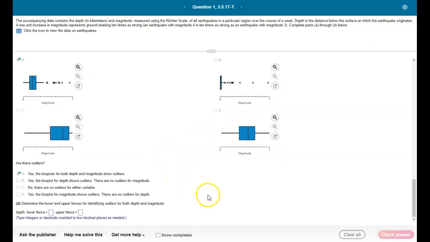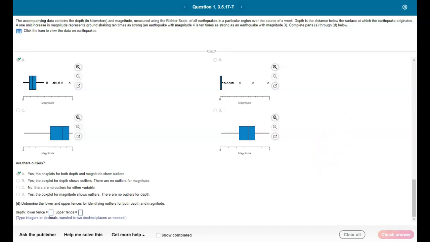And then determine the lower and upper fences for identifying outliers for both depth and magnitude. For this, there was a small formula. It was 1.5 times the interquartile range. That gives us a sense of how to go below Q1 and above Q3.